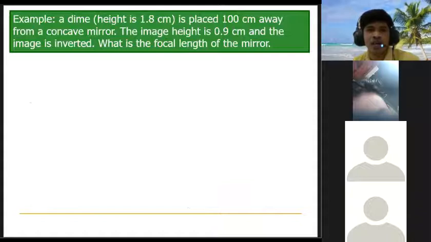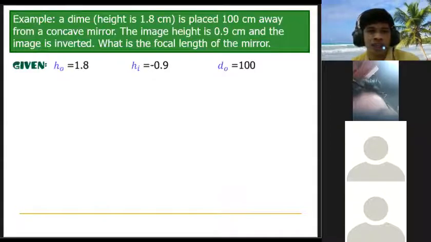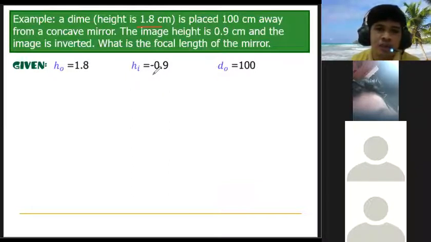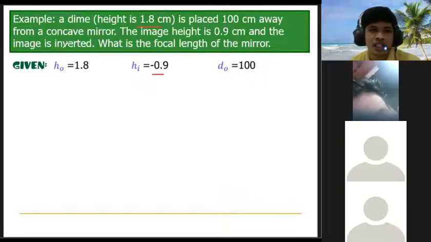What is the focal length? You're going to solve for F. These are the givens: HO is 1.8, HI is negative 0.9, negative because it is inverted, and DO is 100, the distance of the object.